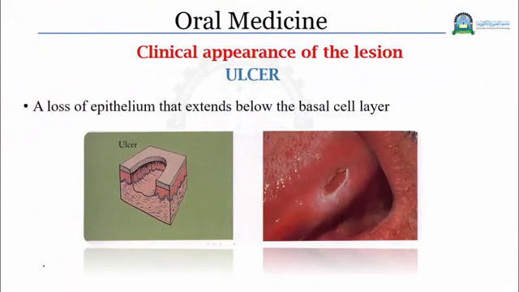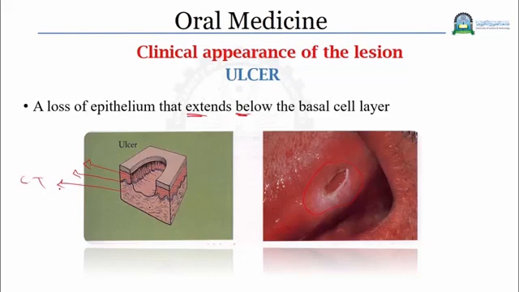But the ulcer is a loss of epithelium that extends below the basal cell layer, so there is a clearly defined, deep ulcer. The ulcer includes the superficial layers, the mucous membrane, and also the basement membrane, reaching the connective tissue. So the main difference between the erosion and the ulcer is that the erosion does not reach the basement membrane, but the ulcer does, reaching the connective tissue.